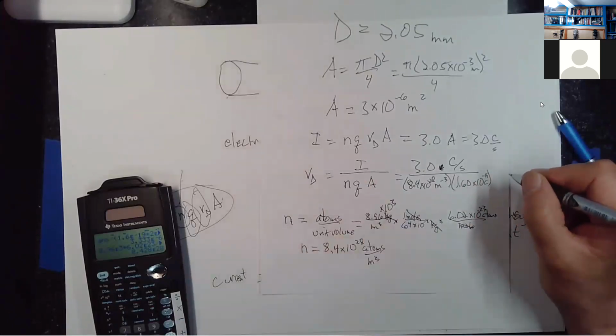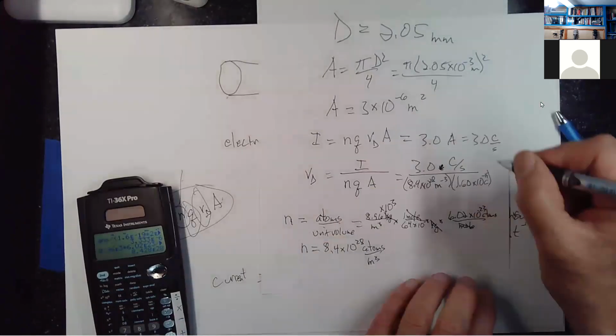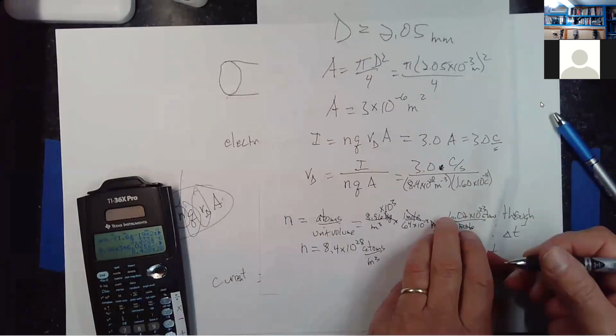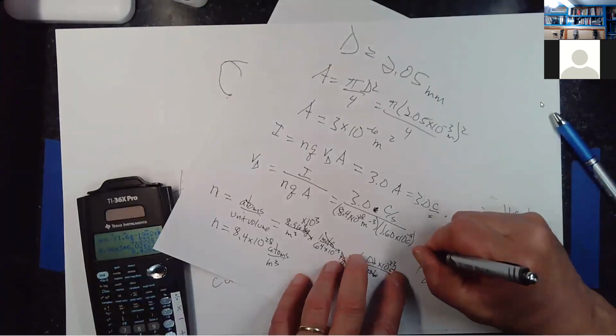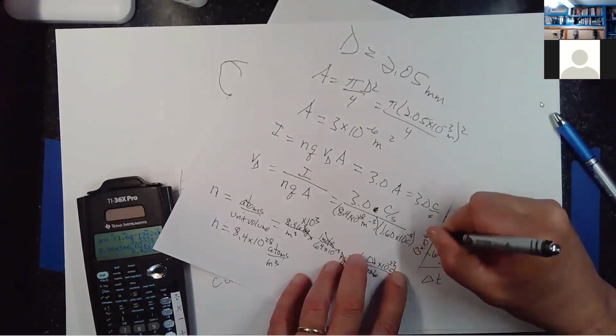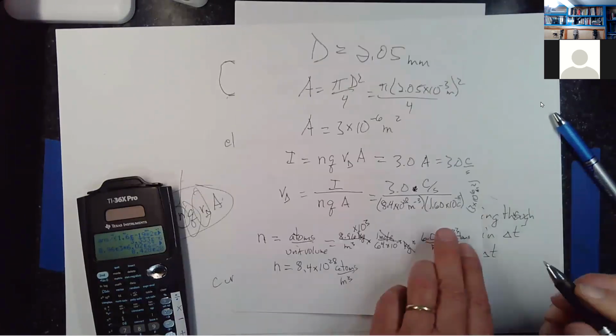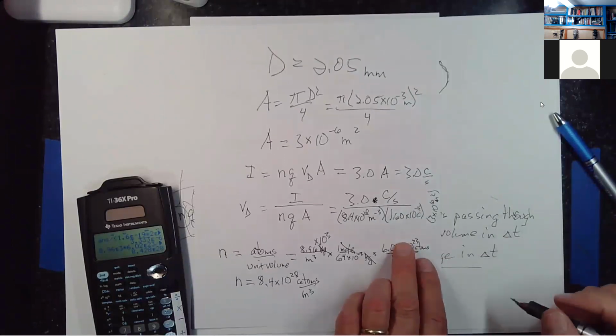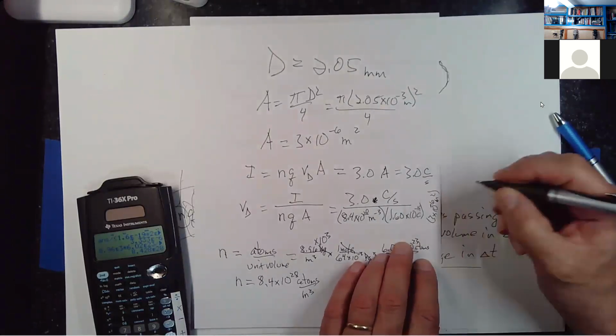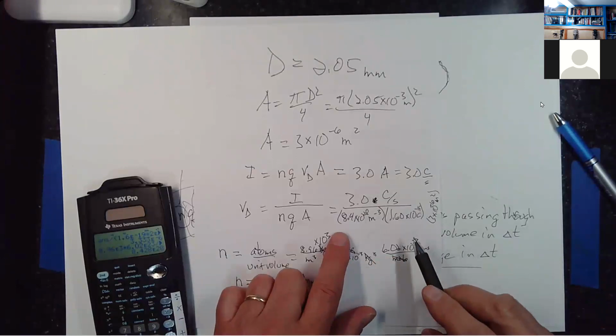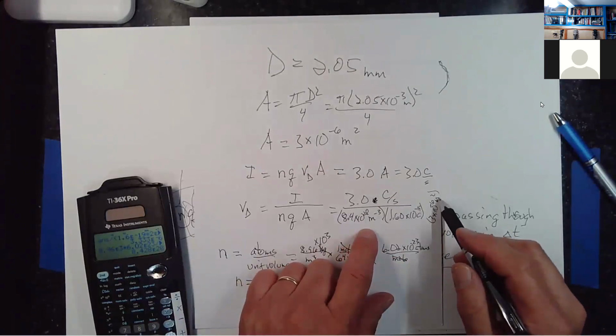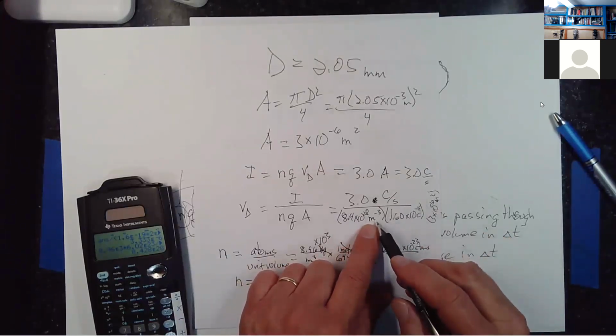And the cross-sectional area, 3 times 10 to the -6 meters squared. So unit-wise, meters squared on this, meter to the -1 on that.